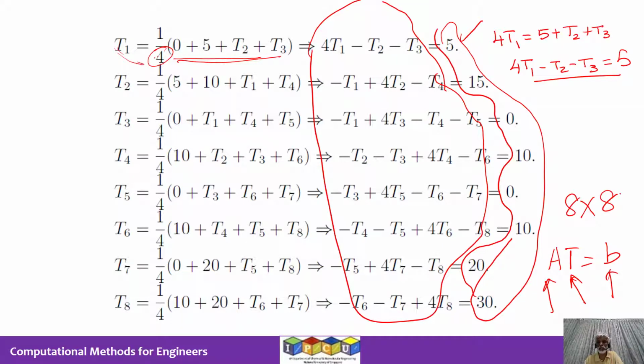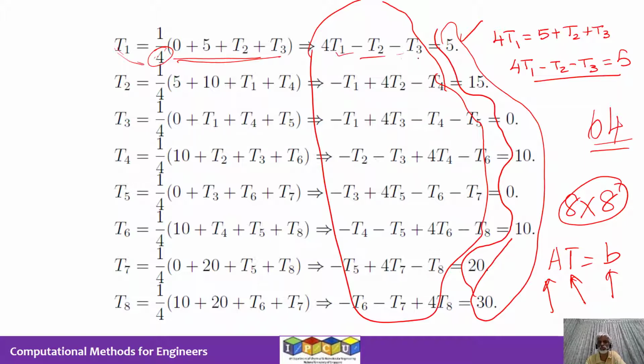Now we know that for an 8 by 8 system, 8 equations, 8 unknowns, you have 64 entries. An 8 by 8 matrix will have potentially 64 entries. And what you can also do is count the number of non-zero elements in this A matrix.